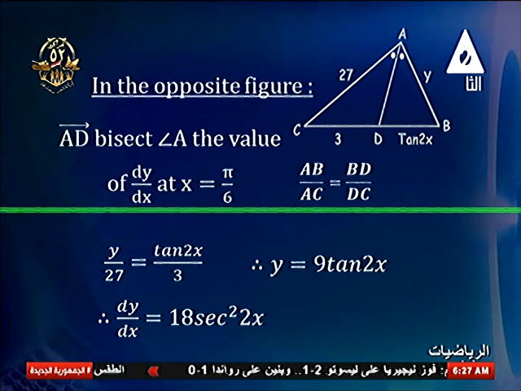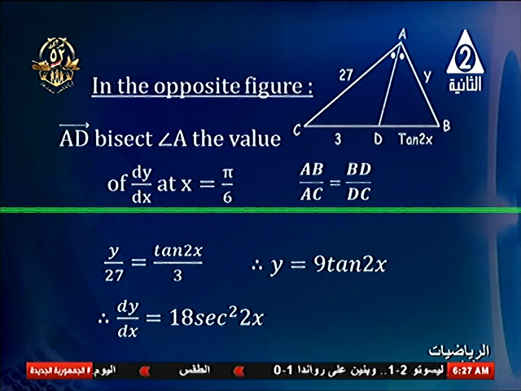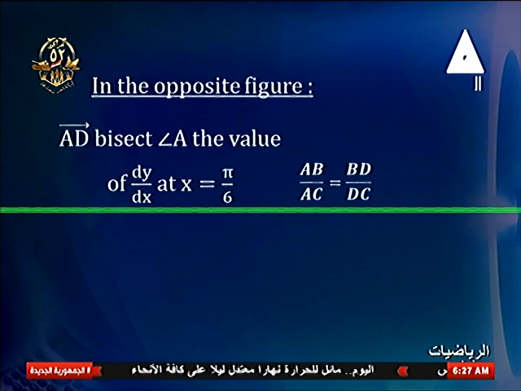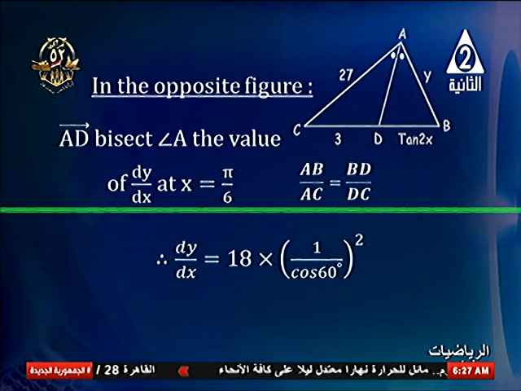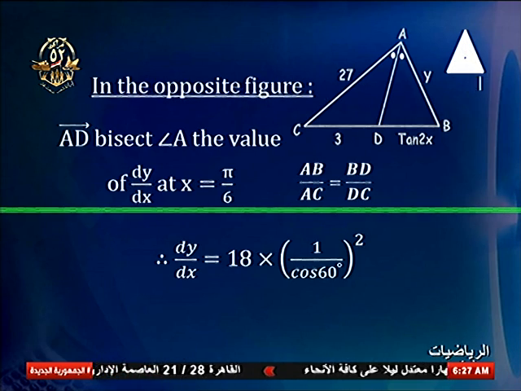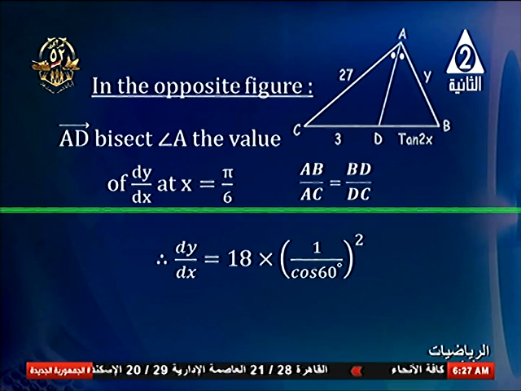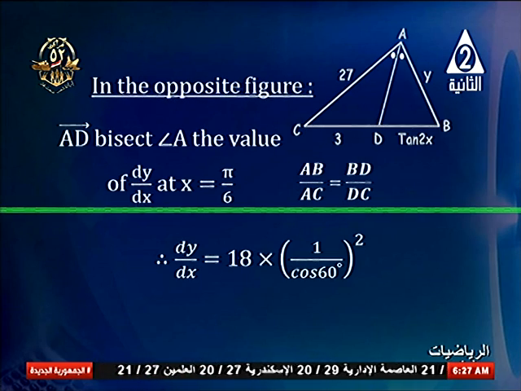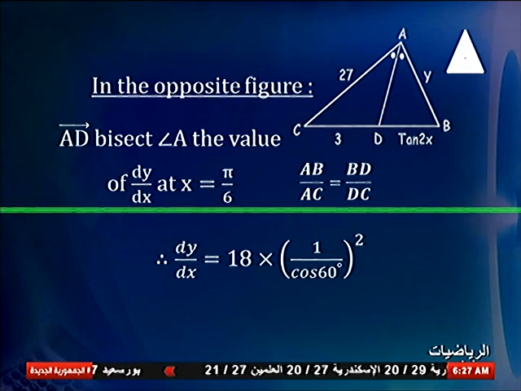By substitution of x equals 30 degrees, we get 1 over cosine 60. Cosine 60 equals 1 over 2. So 1 over 1 over 2 equals what?